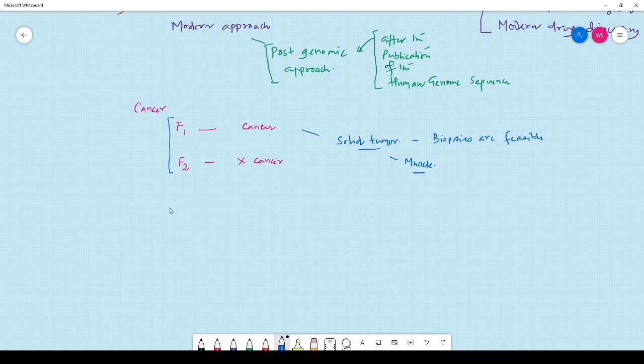So, first thing what we do is we take biopsies of both. We take a biopsy from friend 1 and we take a biopsy from friend 2. So what is biopsy? Biopsy basically is a removal of a small sample.